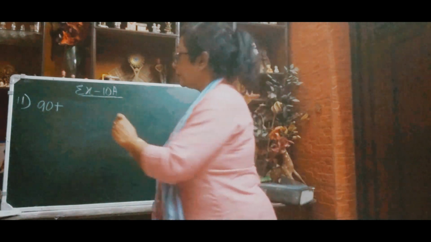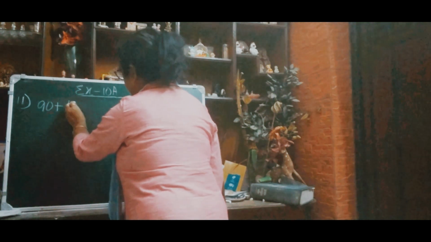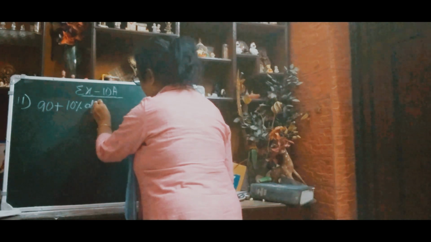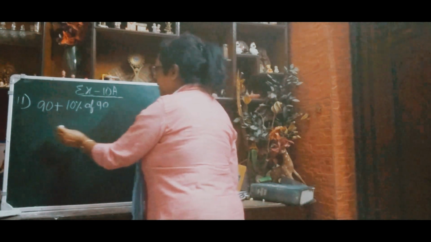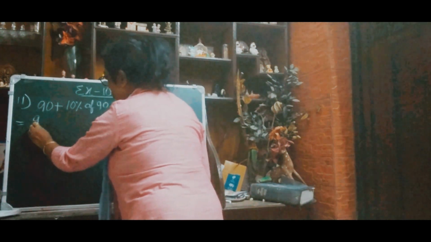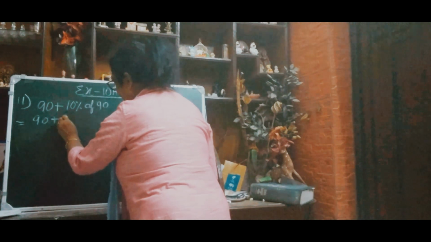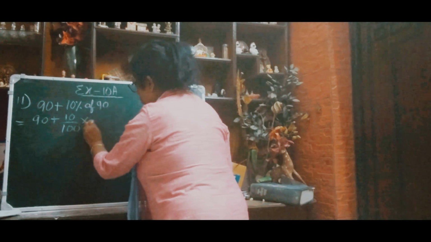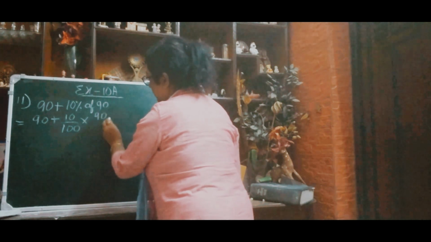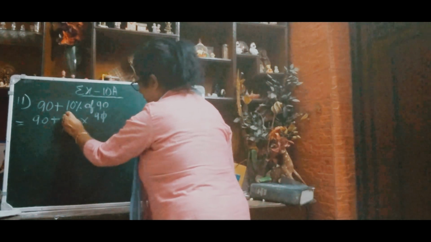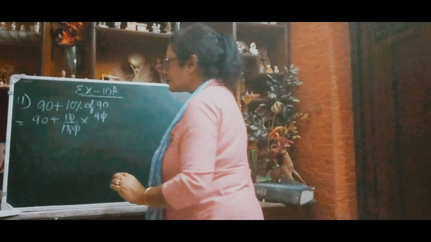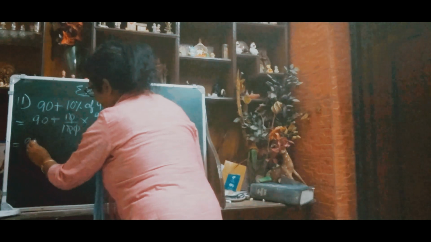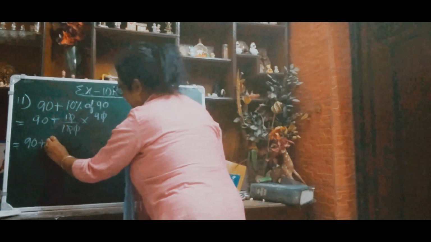So 90 plus 10% of 90 equals 90 plus 10 by 100 into 90. This zero and this zero cut, and we get 90 plus 9.